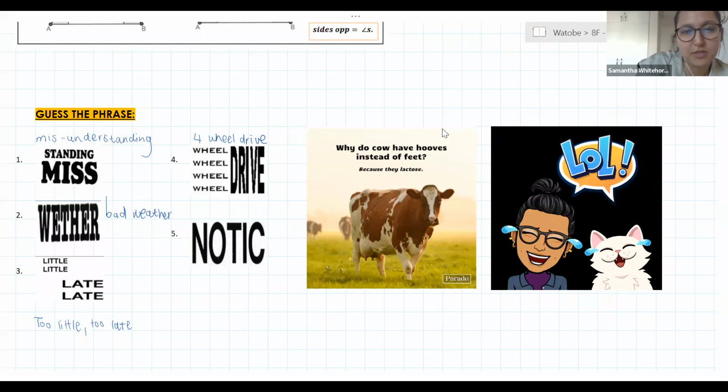Short notice because it's missing. It's similar to the weather one. It's missing an E, so it's shorter letter. So short notice. Well done, guys. You got that quicker than I would have gotten it. Very nice. I don't know if anyone wants to take screenshots. Well done on getting those. That was very impressive. Like I say, I would not be able to get them as quickly as you did.